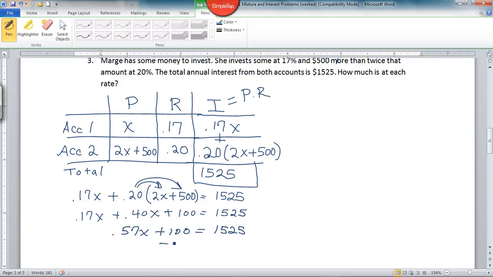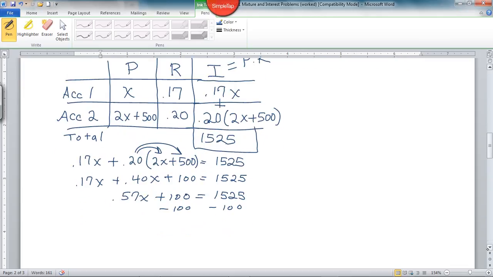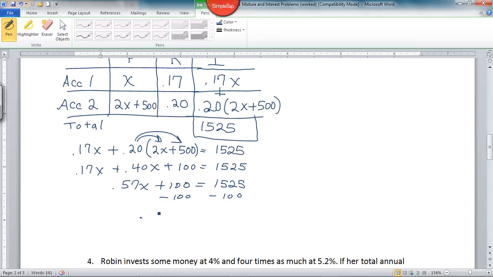Subtract the 100 from both sides. 0.57x then would equal 1425. Divide off the 0.57 and we'll have our x. 1425 divided by 0.57. 2500.